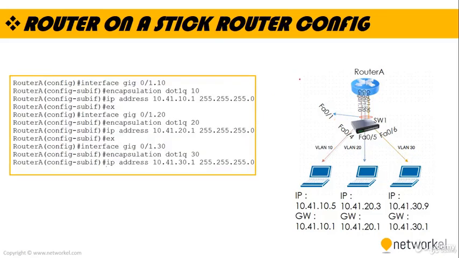What I'm going to configure on the router side, for router A, is some sub-interfaces, as you can see. To create a sub-interface, the command is interface Gig0/1, the physical interface, dot, the sub-interface's name.